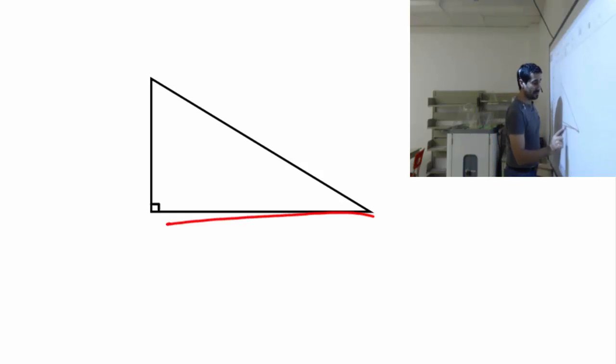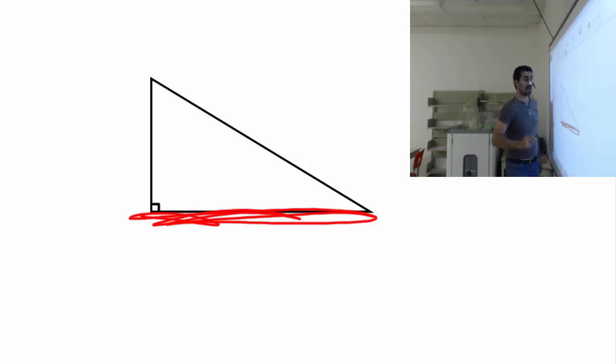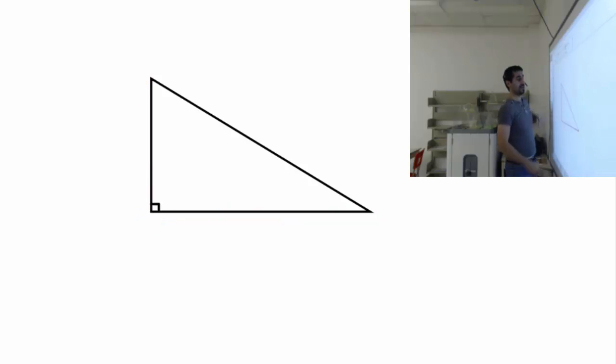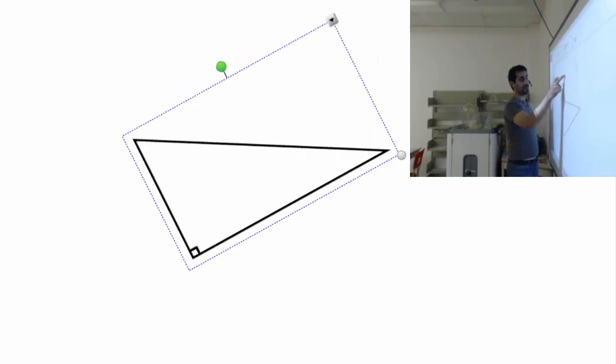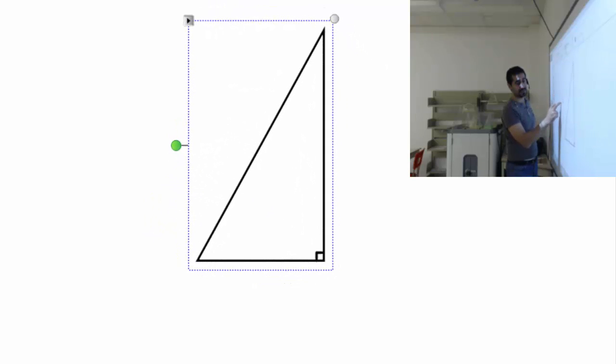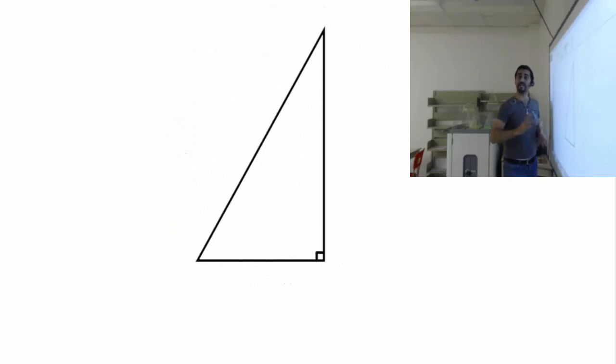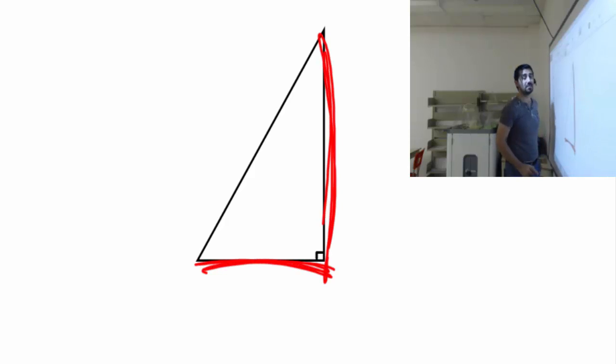If this is the base I'm about to use, I know that this is the height I will be using. And if I turn the base that way, I'm still going to use the same numbers. This will be the base, that will be the height, but I'm still using the same numbers.